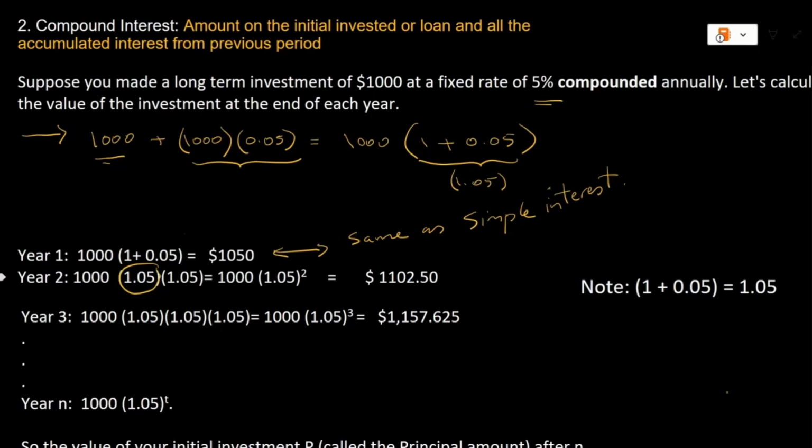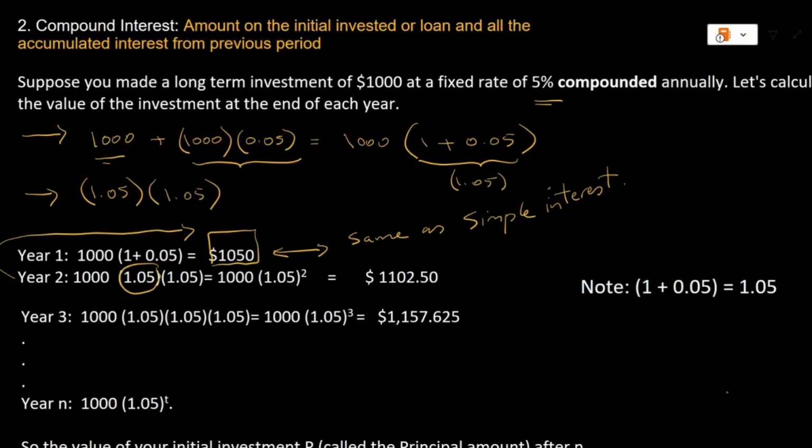So for the second year, now that we know that the first year you have 1.05, the second year you will have 1.05 again, and this time you have to multiply it. Again you're using the interest rate, but now you're using it not on the $1,000, but on this amount, which is now your new amount for year two.